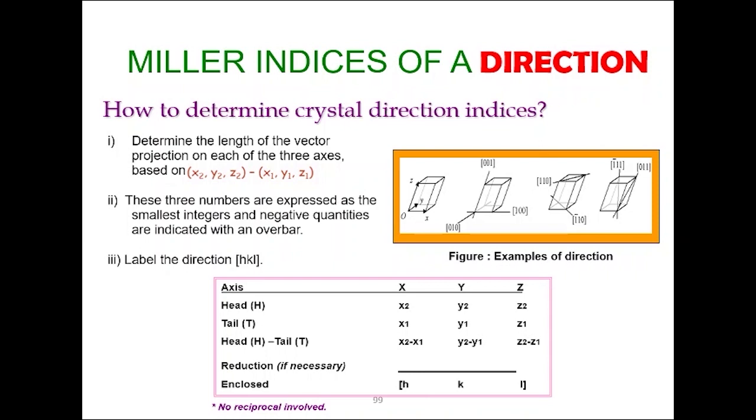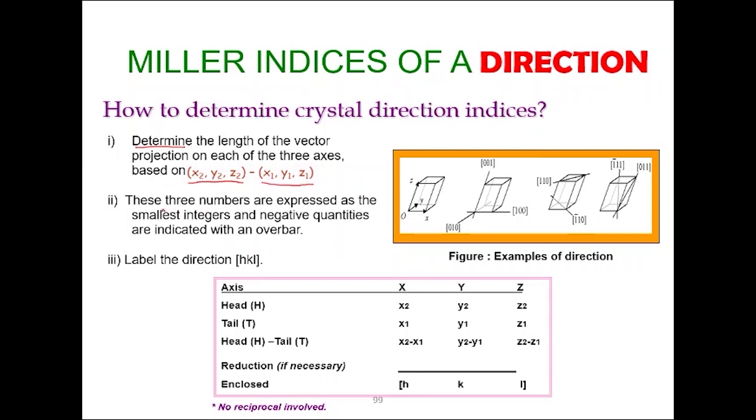Now we are going to look at Miller indices of a direction. How to determine crystal direction indices? The first step is to determine the length of the vector projection on each of the three axes, based on x2, y2, z2 minus x1, y1, z1.